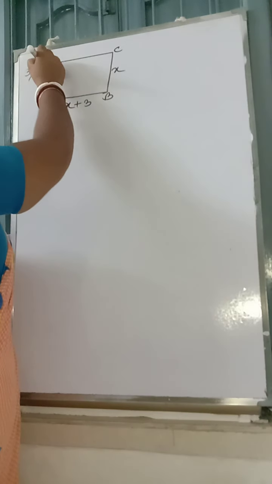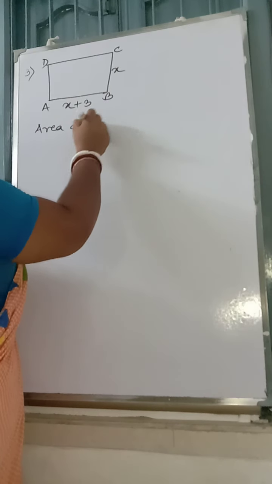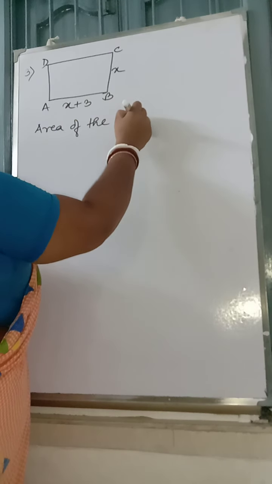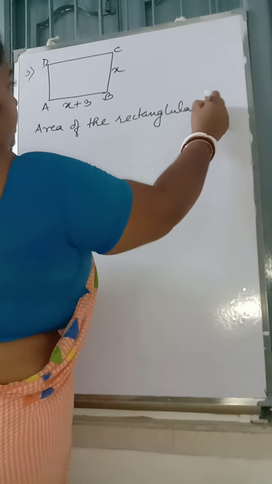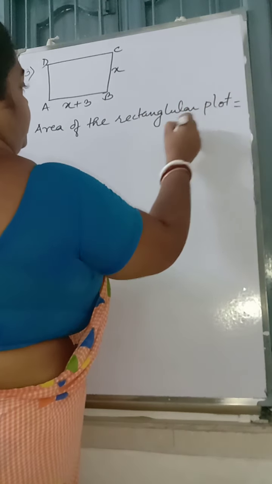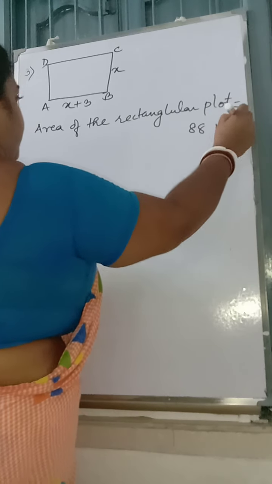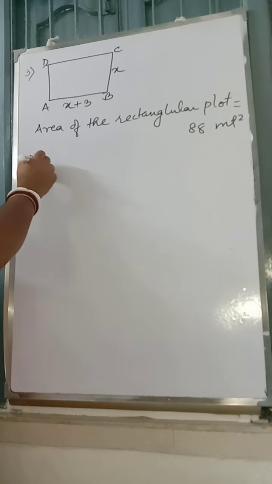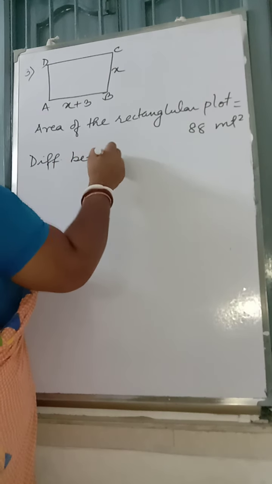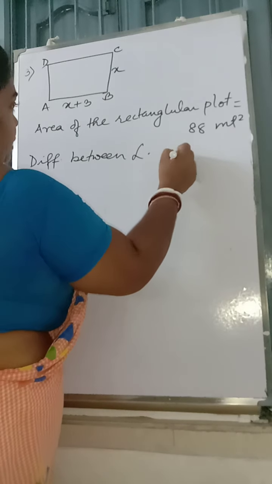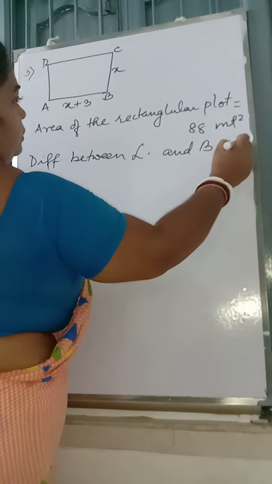And the area of the rectangular plot is equal to 88 meters square. Difference between length and breadth is equal to 3 meter.